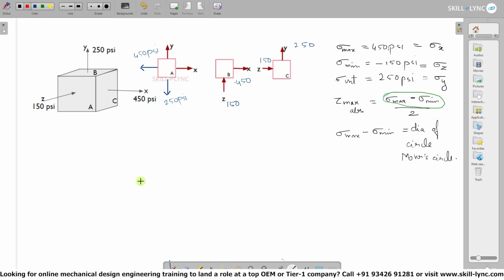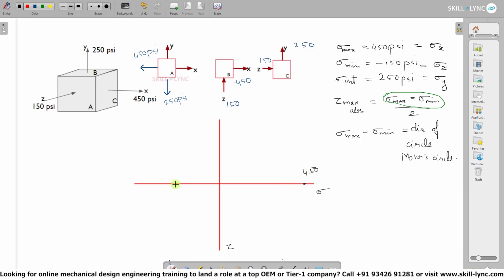As for the Mohr circle, first we'll give our coordinates, which is the tau coordinate and the sigma coordinate. So this will be sigma and this will be tau. And as for the circles, we'll have to first plot the points. The first point will be our maximum point, which is sigma max, and that will be 450.